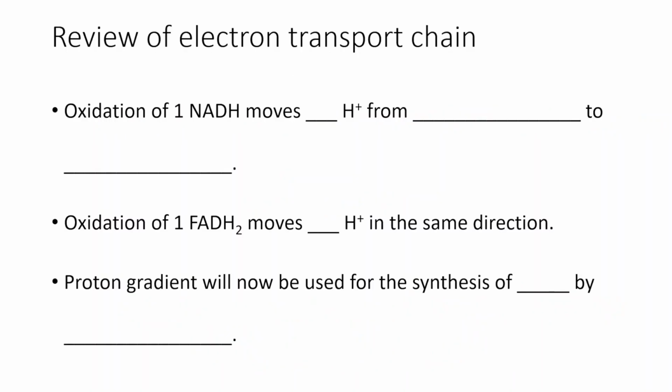All right. So let's go over the electron transport chain as a whole. For the ETC as a whole, for every one NADH that goes in, how many protons are moved in total? Yeah, 10. And where are they going from and where are they going to?